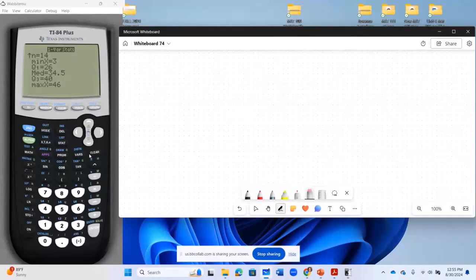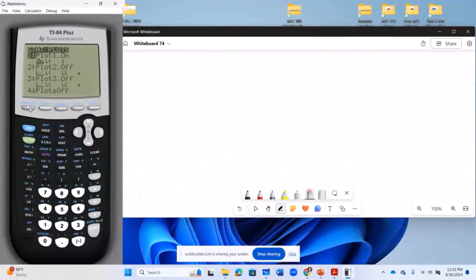I will do second stat plot and select plot 1. I'm going to select histogram. Arrow down, go to number 3, that's histogram. And my data is not in L1, I have to be careful. My data is in L2.